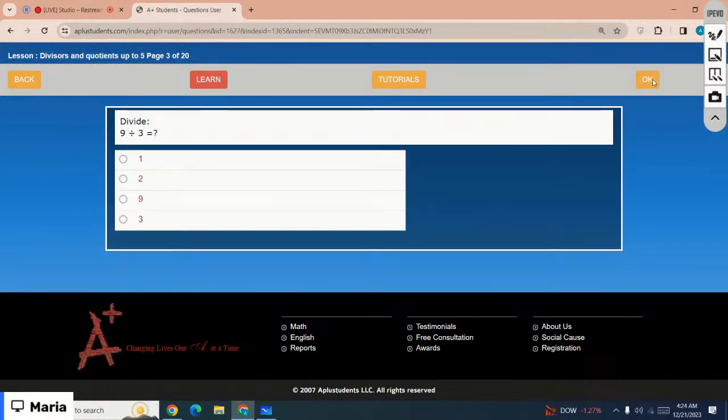Okay, the next one is 9 divided by 3. You have to count a table of 3 until you get the answer 9.